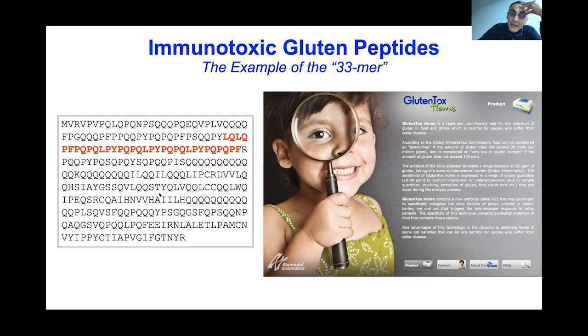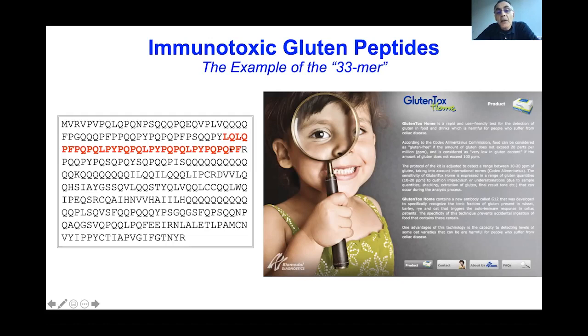Nonetheless, as I explained in my earlier slide, here's a 33 residue peptide that is consumed by us in the context of a protein, persists for long enough, and is absorbed by the patient to be able to trigger an immunotoxic response.